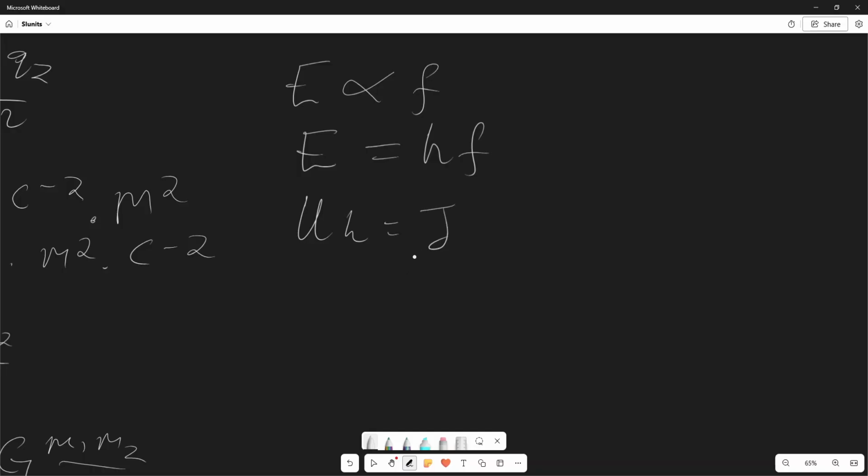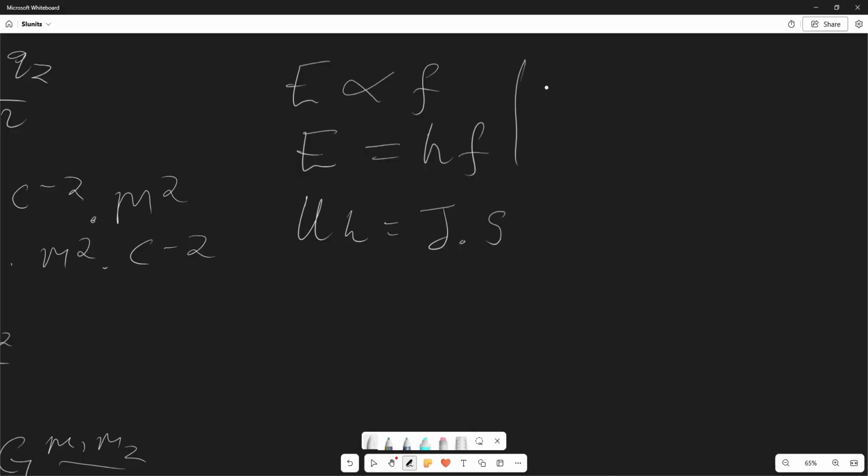Joules. All right, but then you have this unit of frequency, which is hertz. Hertz is per second. Okay, so how do you cancel it? You just cancel it with what? With second. So these are the units of Planck's constant, which is joules times second.